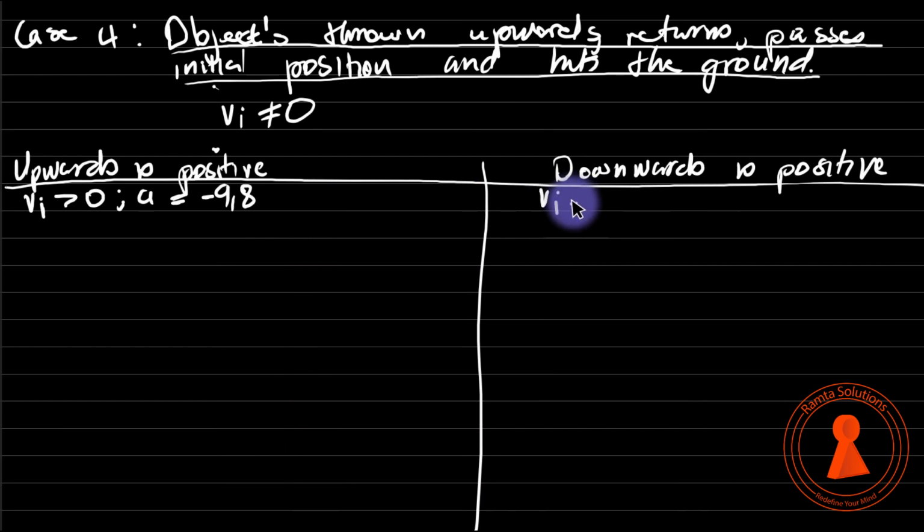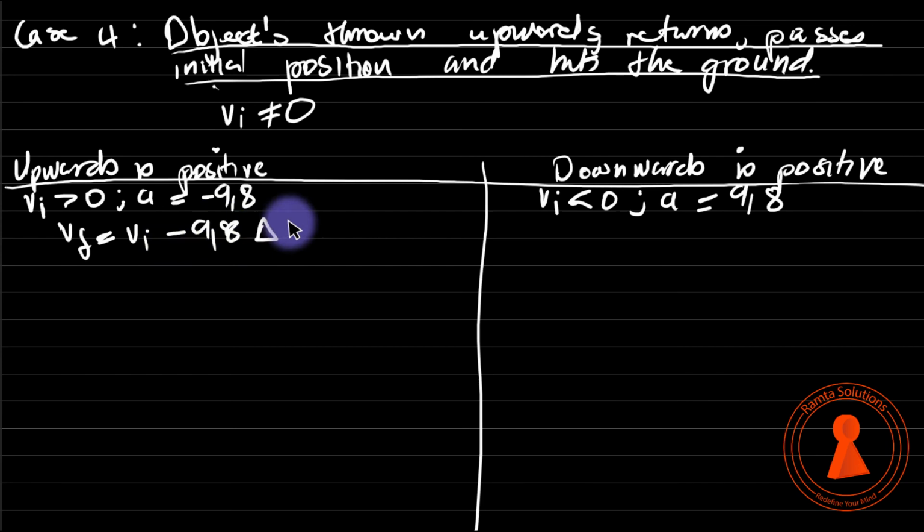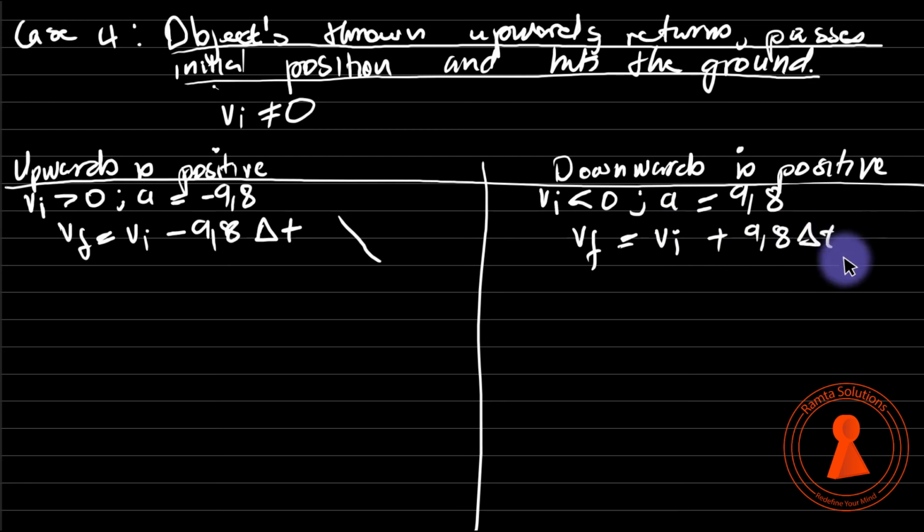Here it is negative because we chose downwards to be positive. Acceleration will always be downwards, and because we chose downwards to be positive, here the vector will be positive. Now, VF equals VI minus 9.8 delta T. By now you have gotten a grip of this. VF equals VI plus 9.8 delta T.